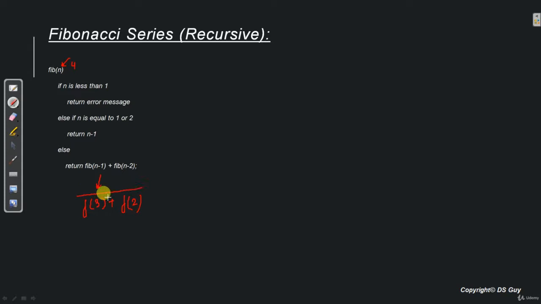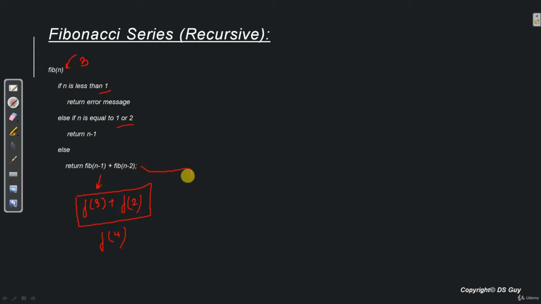So now we don't know either Fibonacci 3 or Fibonacci 2's value. So what we do is a recursive call. Now this Fibonacci method is called for value 3. So again it checks, is it less than 1? No. Is it equal to 1 or 2? No. Else return Fibonacci n-1 plus Fibonacci n-2.